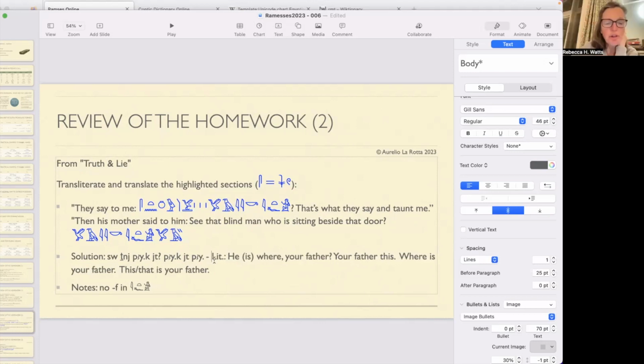It's also rhetorically interesting when you put it like that. It feels very different. Here's where your father, he's there. Right. True. Although, truth be told, this is the standard way to construct it. It's not like in English we could do this, right? Like, where is he, your father?